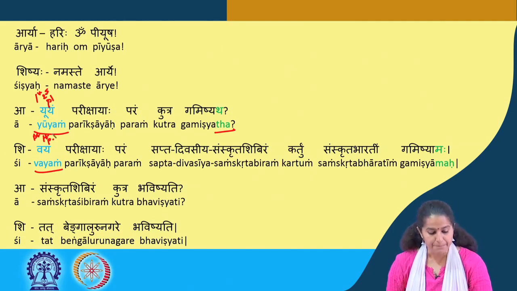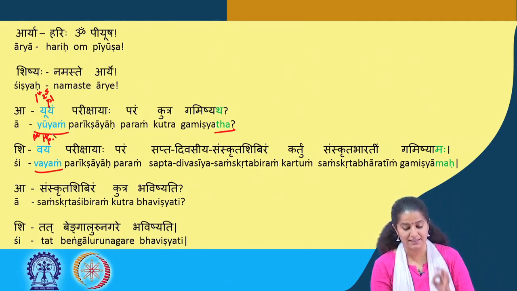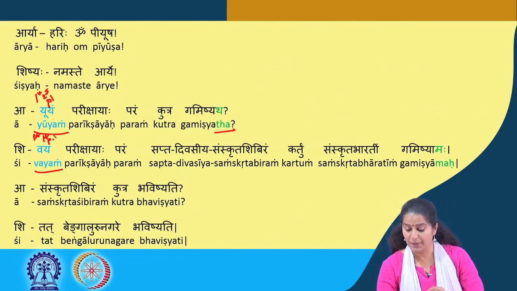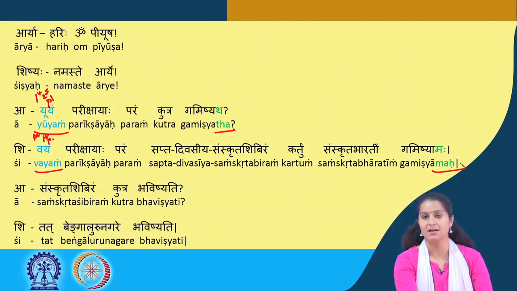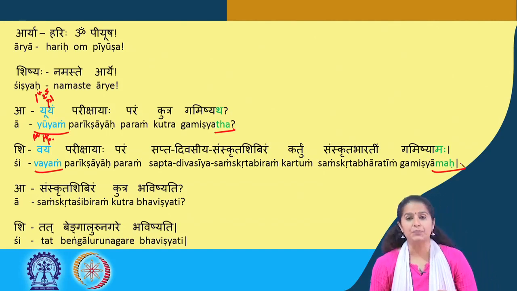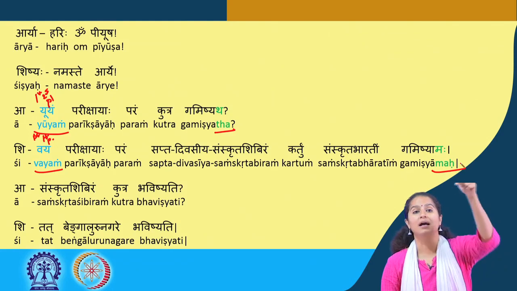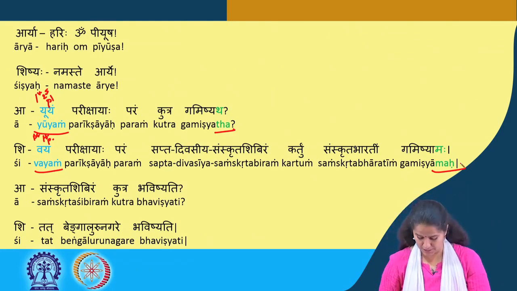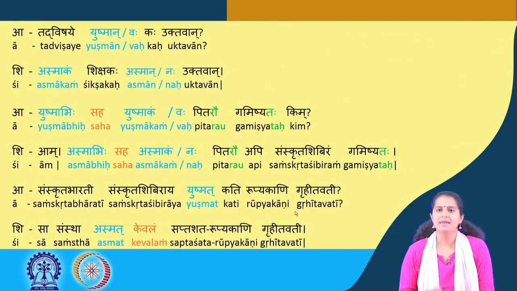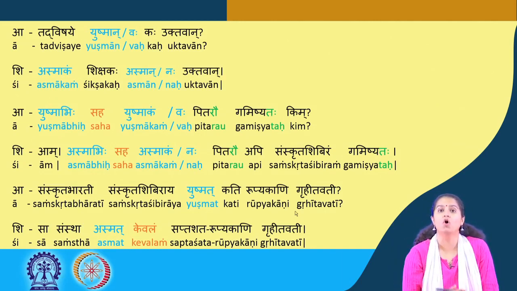Vayam parikshayah param saptadivasiya Sanskrita shibiram kartum Sanskrita bharatim gamishyamah. Again, there is an accord with the subject. Moving on, Sanskrita shibiram kutra bhavishyati? The answer, tat Bengaluru nagare bhavishyati. So we have the seventh case there.